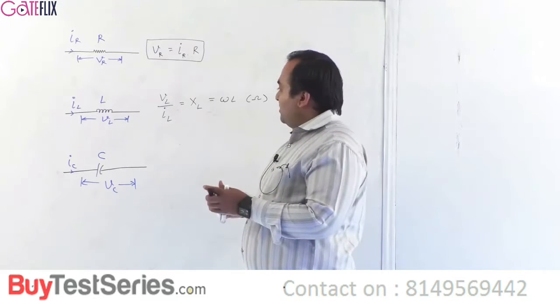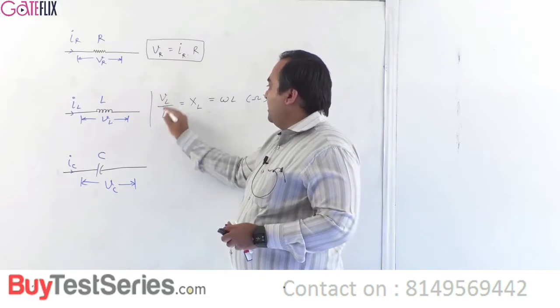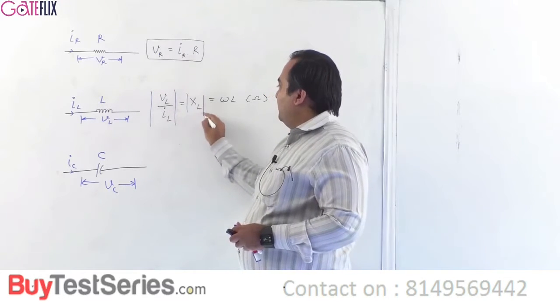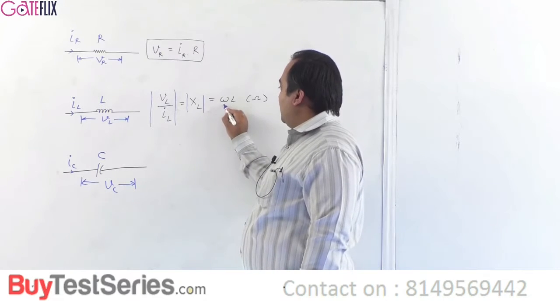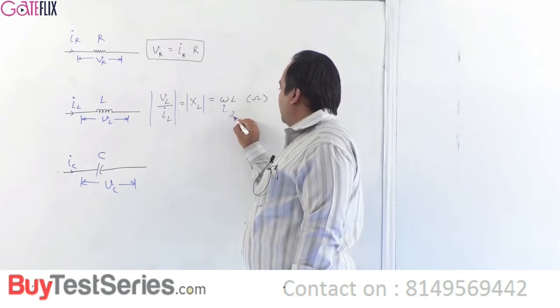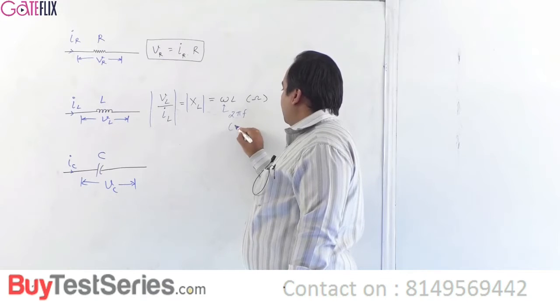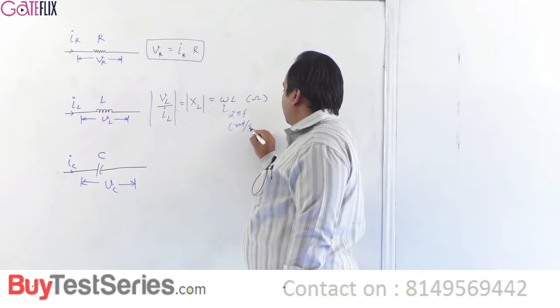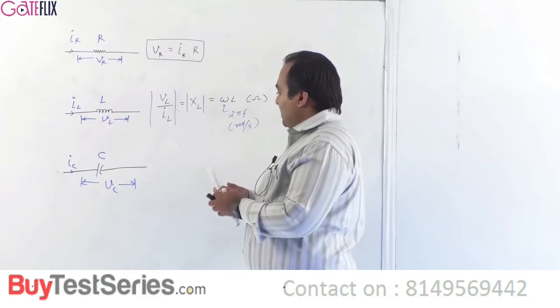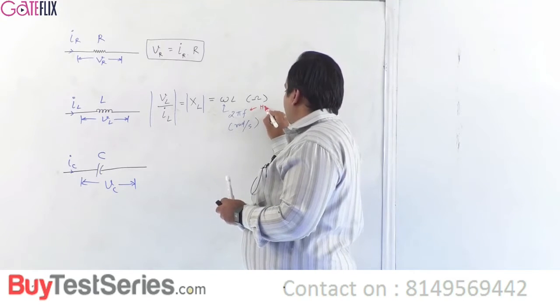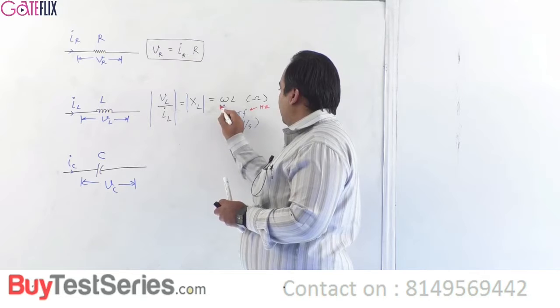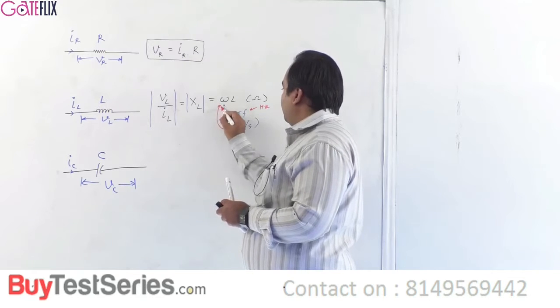Is this okay? So the magnitude of VL by IL is omega L, where this omega is 2 pi f, this much of radians per second, whereas this f is in hertz and this is in radians per second.